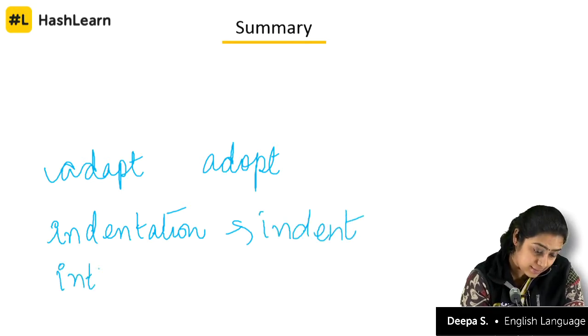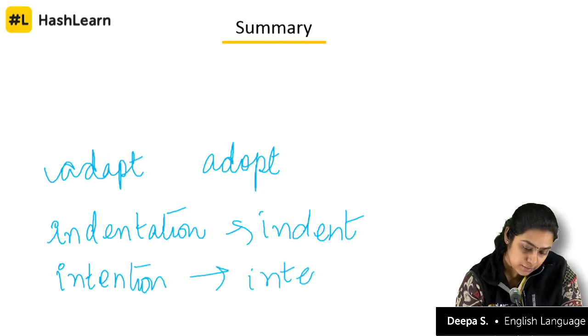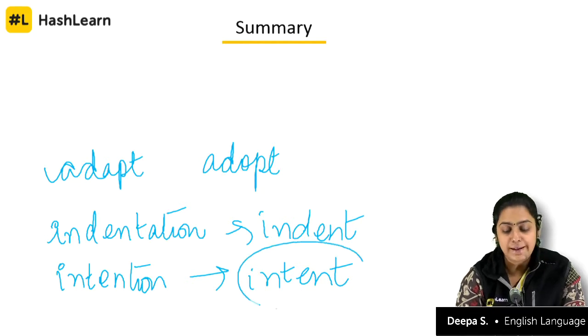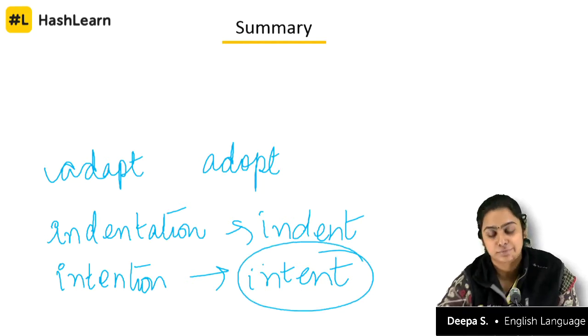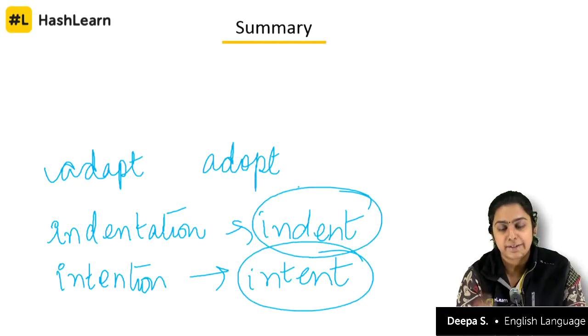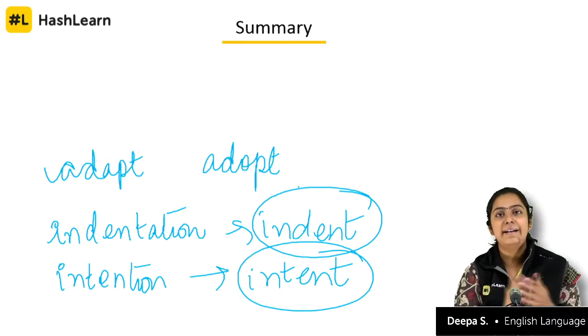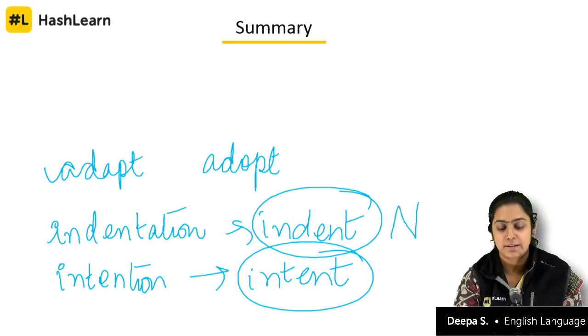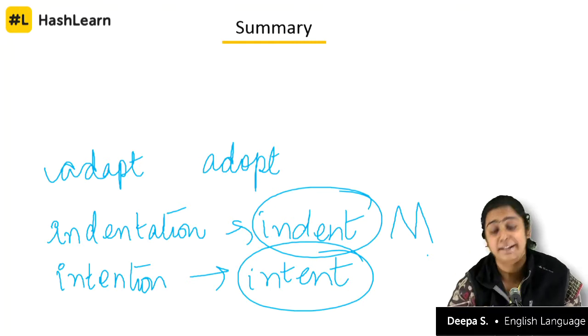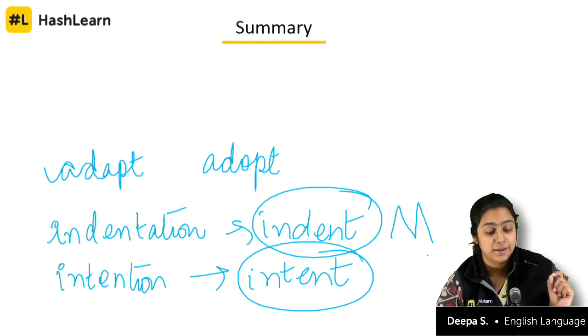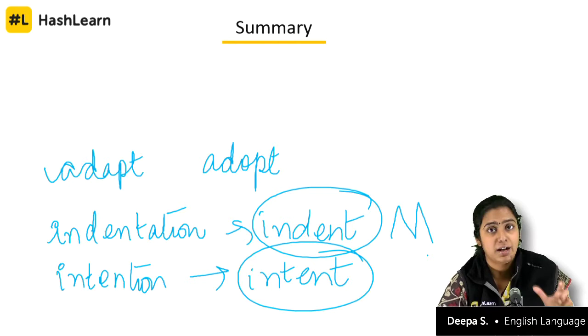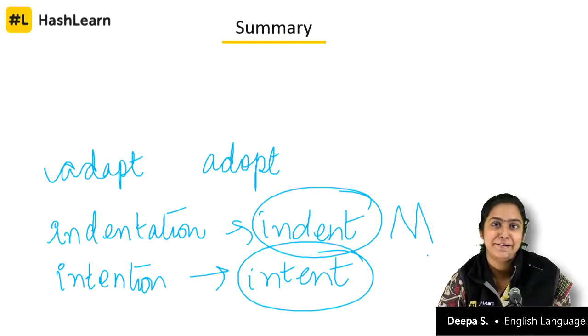Then intention, giving rise to intent. Your intent is your aim. Indentation, on the other hand, is a dent, like you have an indentation in your car, meaning you've had a bad hit somewhere.